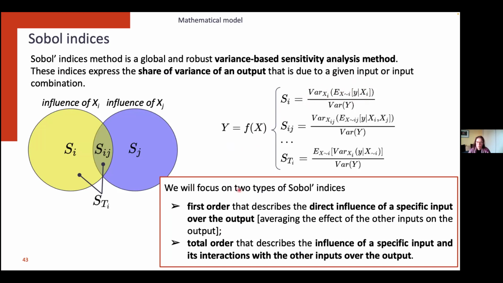The first is what is called the first order Sobol index, which describes the direct influence of a specific input, a specific parameter, over a certain output, typically a pressure. And the total Sobol index, which describes the direct influence of a specific parameter, but also the interactions with the other input parameters over this specific output, for example the pressure at the entrance of the liver.